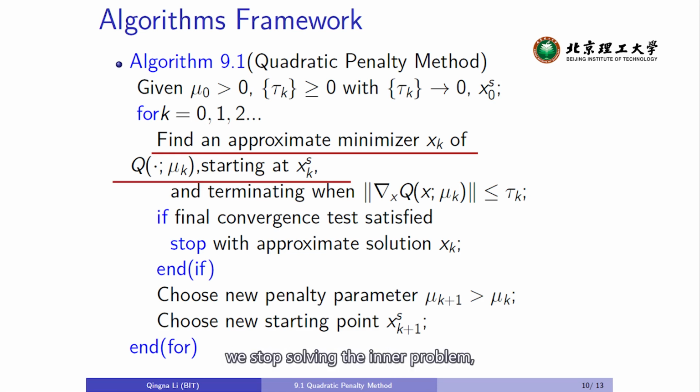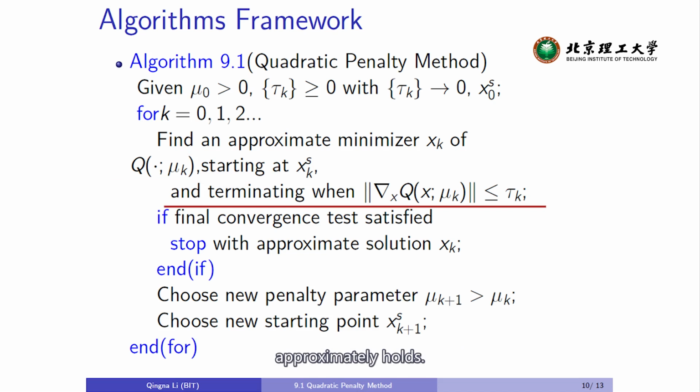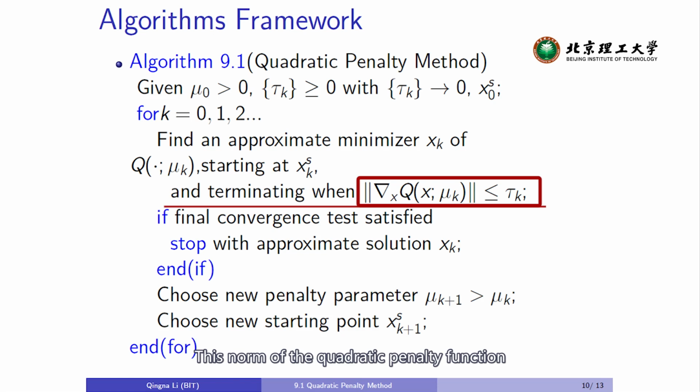We stop solving the inner unconstrained problem when the first order optimality condition approximately holds. That is, the norm of the gradient of the quadratic penalty function being less than or equal to tau_k basically means that x_k is an approximate first order solution for the problem.